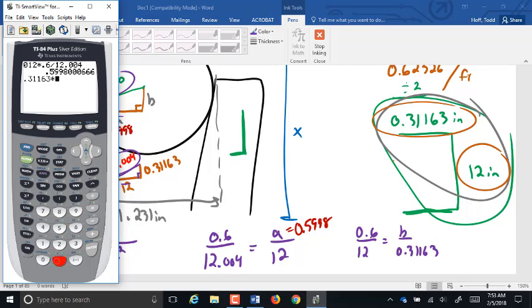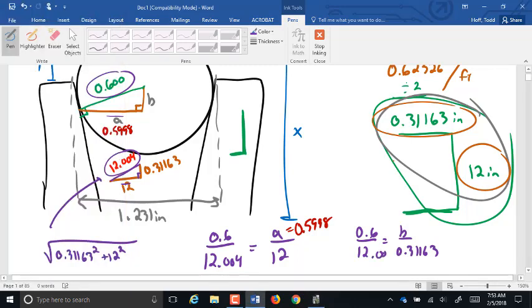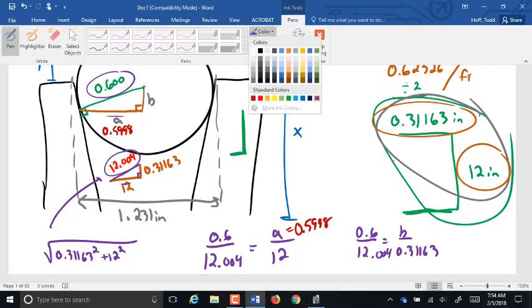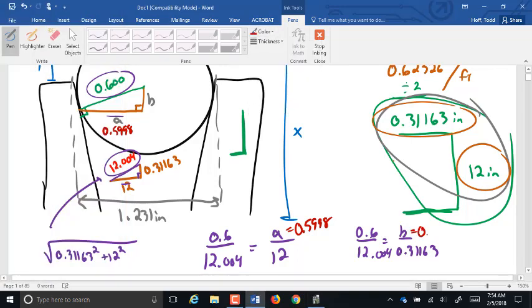So 0.31163 times 0.6 divided by 12, I get 0.0156, something around that too. That's that dimension.